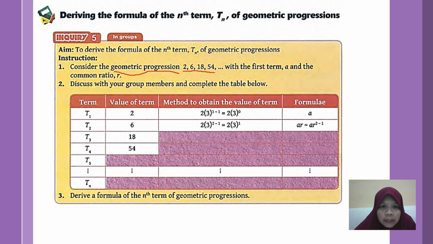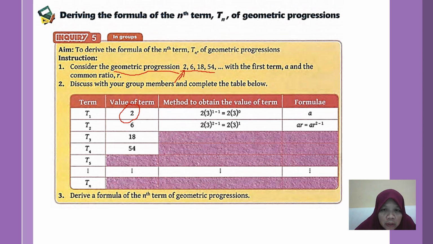You can try after this, but I will show you. With the given geometric progression, the first term is 2. So we know that this is a, the first term given. Then the method to obtain the value of the term: how do we get this term? You can write it as 2 times 3 to the power of 1 minus 1.